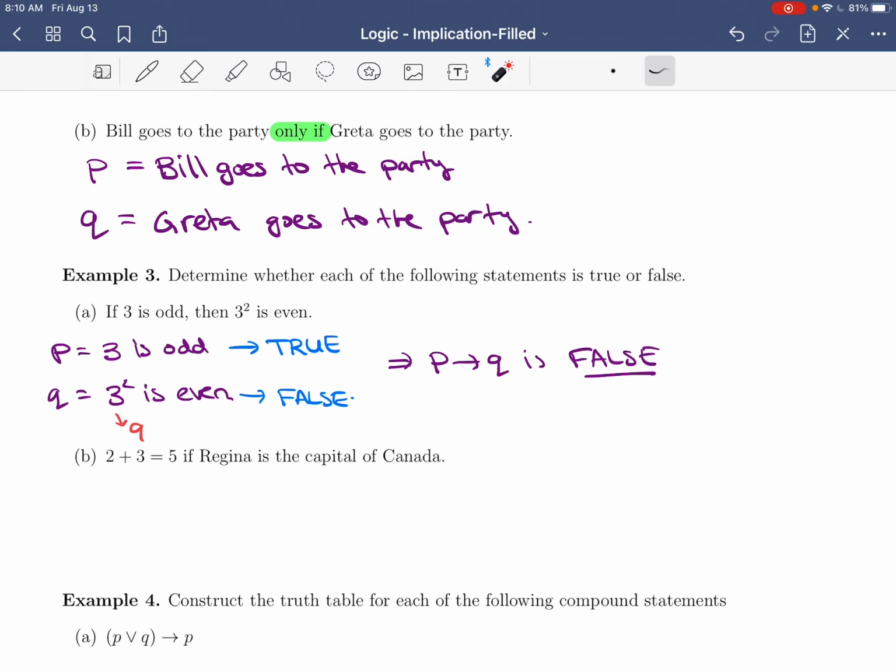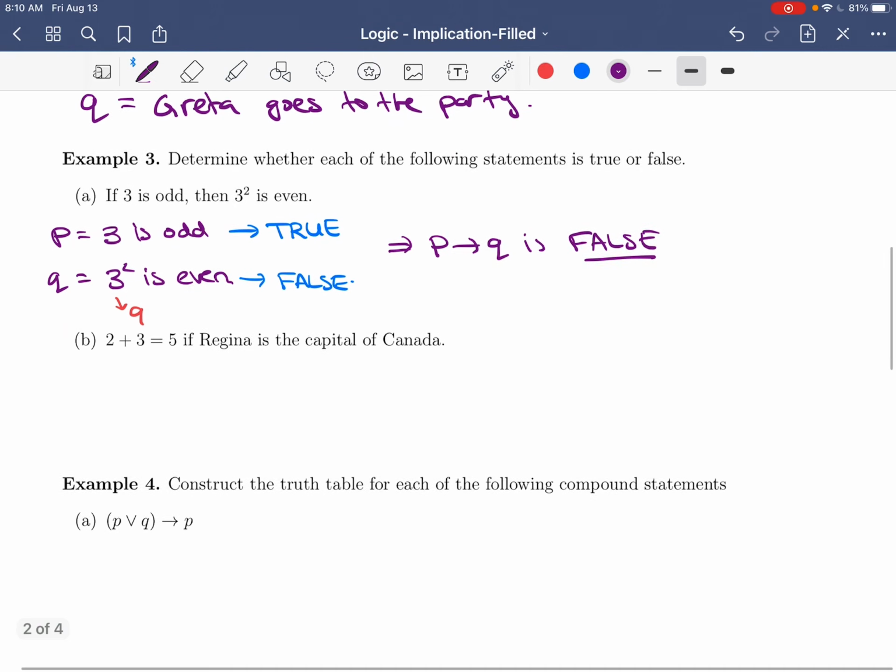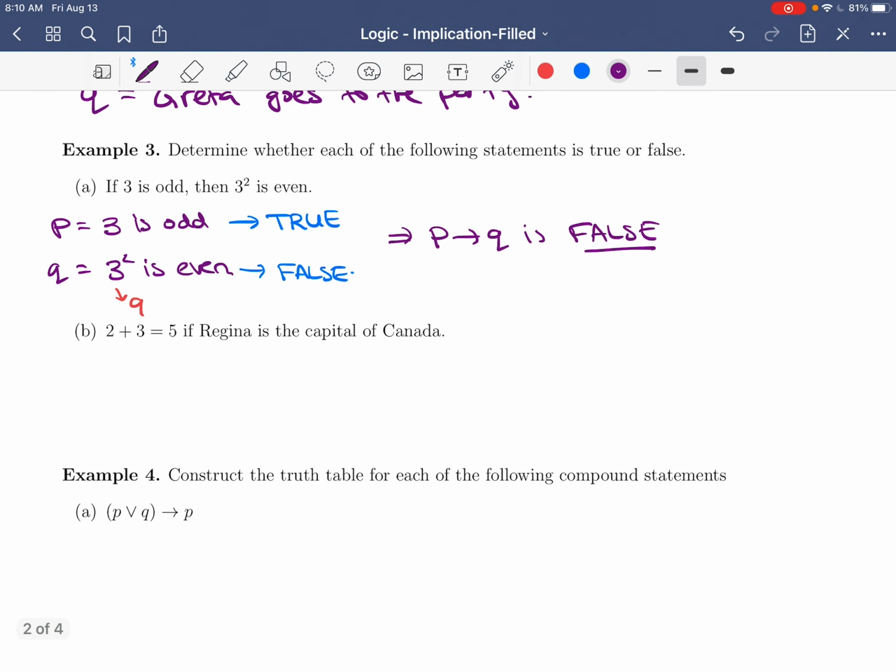Now in the next one, it says 2 plus 3 equals 5 if Regina is the capital of Canada. So it's not an only if, it's an if. My premise is Regina is the capital of Canada, and my Q is this math equation, 2 plus 3 equals 5.